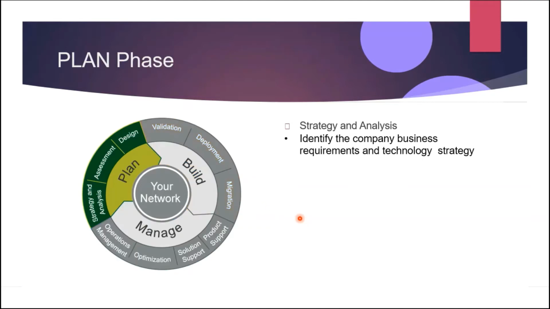Now let's get into the details of each of these phases here. So the first step was planning. Okay, so strategy and analysis, identifying the company business requirements and technology strategy. So the first step of the plan phase is to identify the company business requirements and the technology strategy.